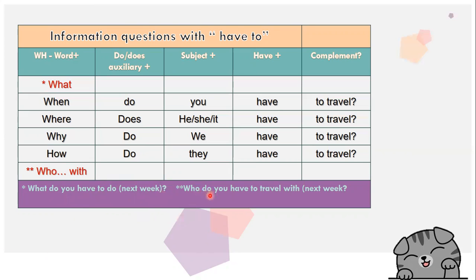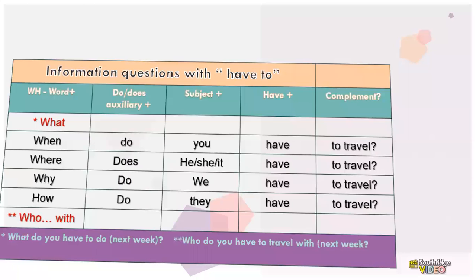And in this case: Who do you have to travel with next week? Okay? So if I ask, with whom do you have to travel? Then, in the other, what is it that you have to do? But I'm talking about future, okay? Just future.